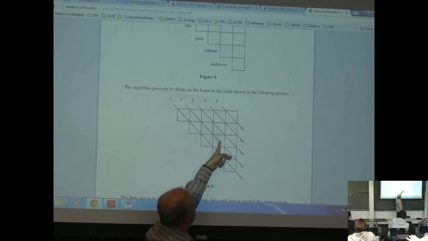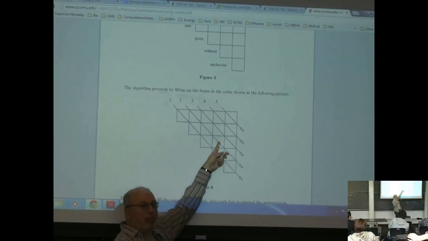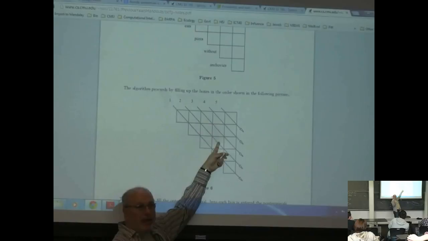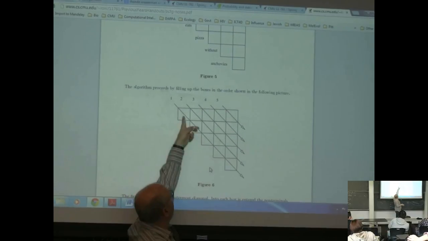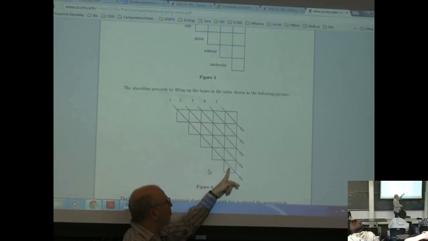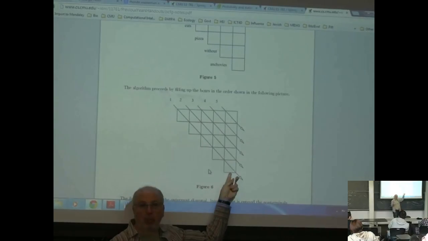This square is responsible for all the possible complete derivations of the fragment of the sentence from word 3 to word 4, and all the possible non-terminals that could be sitting at that point. So this diagonal is responsible, each unit is responsible only for the word.